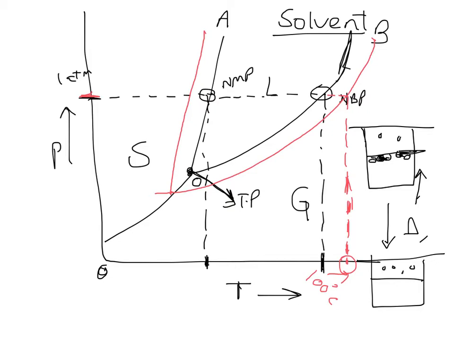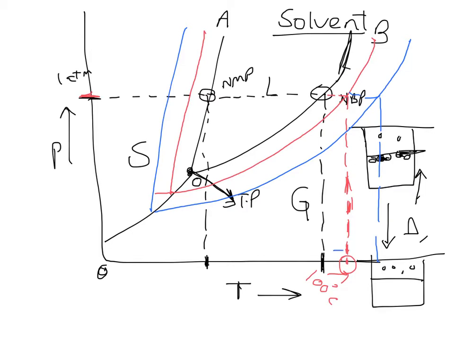And if you were to add more and more non-volatile solute, the lowering of the vapor pressure is going to be further down, and that would mean that the boiling point would be further elevated. So essentially one can say that the difference in the two boiling points is a measure of the amount of the non-volatile solute that you have added.